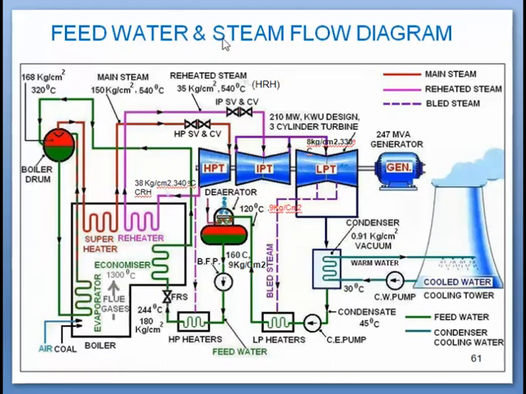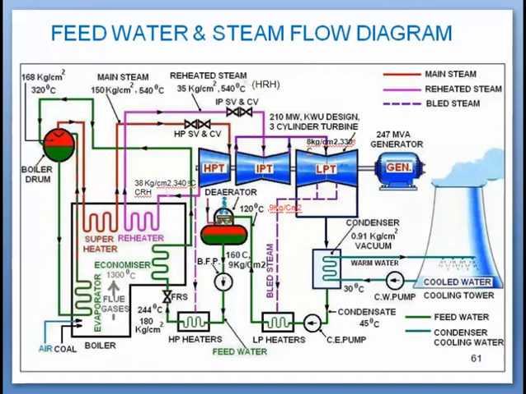Just a quick overview of feed water and steam flow during the power generation process. Next, we will analyze the modified Rankine cycle for a 210 megawatt power plant, and there we will observe the key points of the reheating and regeneration processes. Here also we will see the components where regeneration and reheating take place, which we had discussed in detail in our earlier slides.